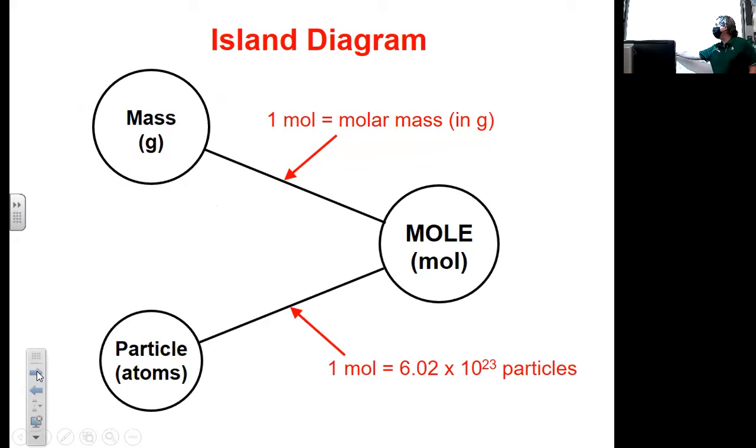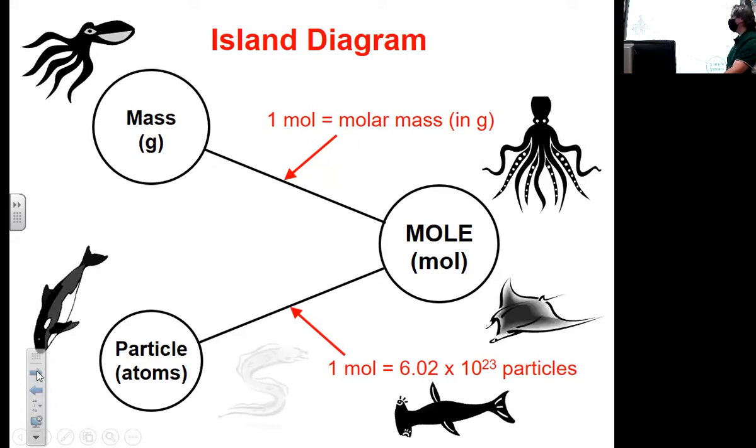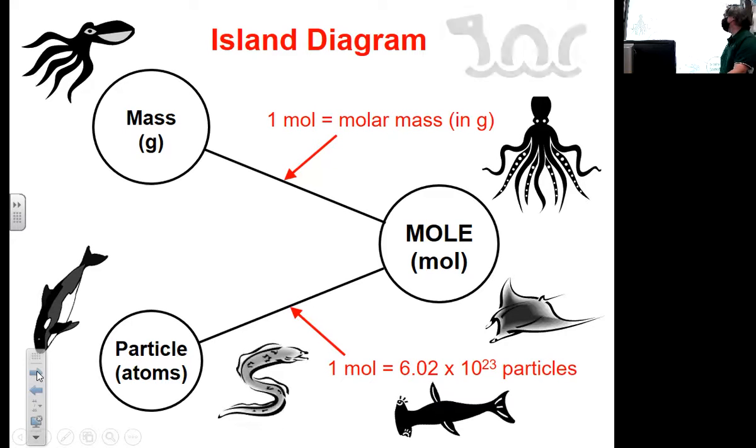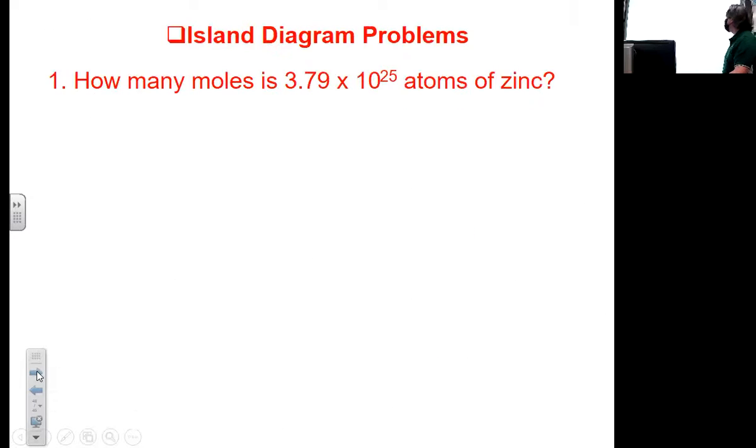Moles tell you how much you have in grams, we just talked about that. But they also tell you how many things you have in particles. If you have 6.02 times 10 to the 23rd particles, that's a mole. If you have whatever it is on the periodic table, that's a mole. So we can use this to convert whatever we have to figure out whatever else we have. And it's an island, so you got island creatures. So let's check out an example of this.